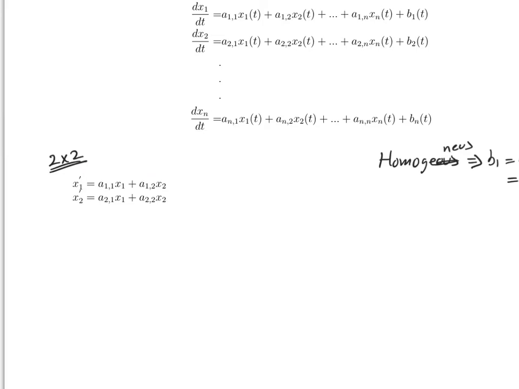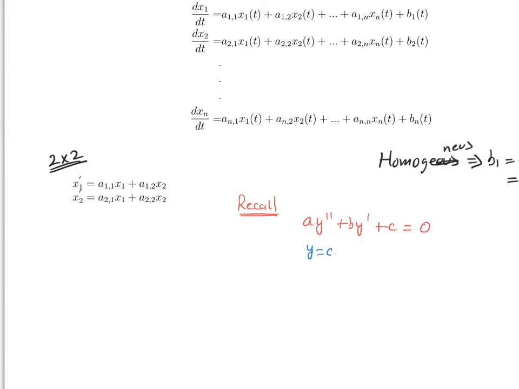Now, before we keep going, recall from chapter 8, if you're trying to solve a differential equation of this form, which is also homogeneous, remember you technically have 3 cases.